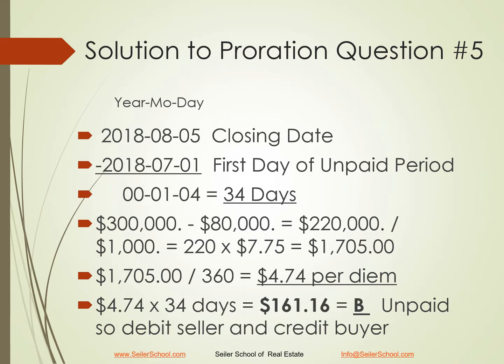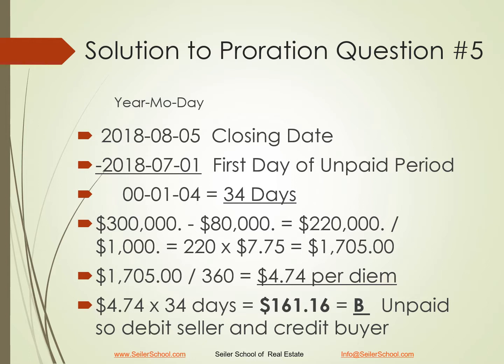To figure out what it is for each day, we take $1,705, divide by 360 days, and it looks like $4.74 for each day. $4.74 times 34 days equals $161.16.